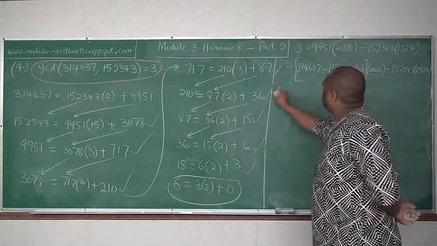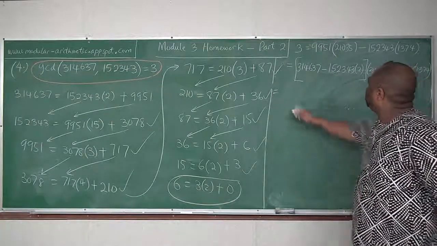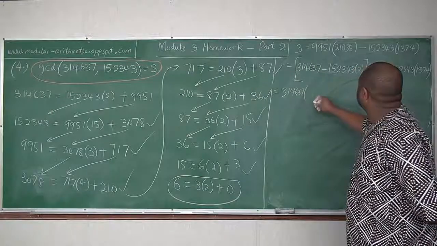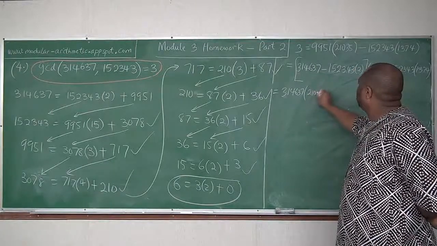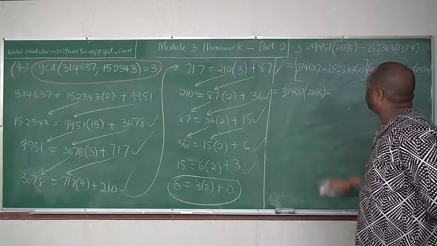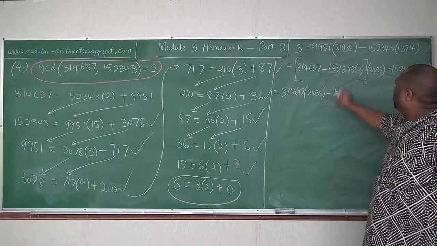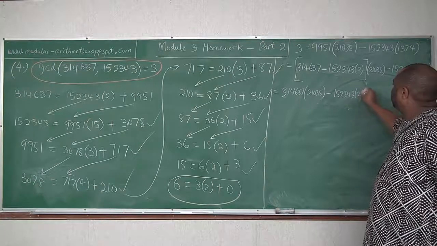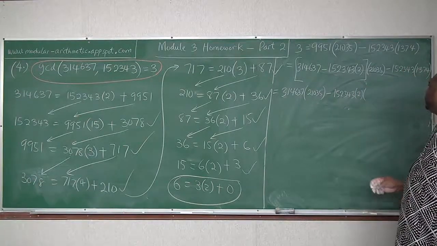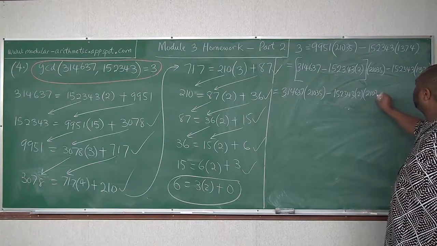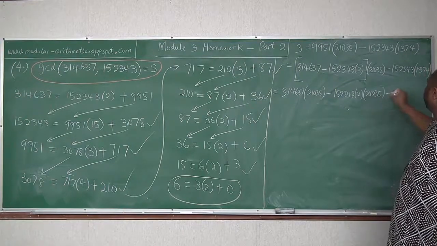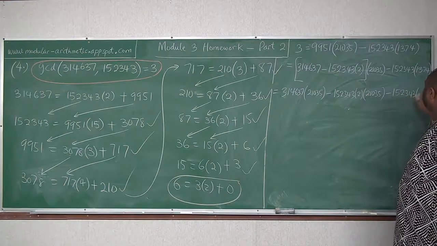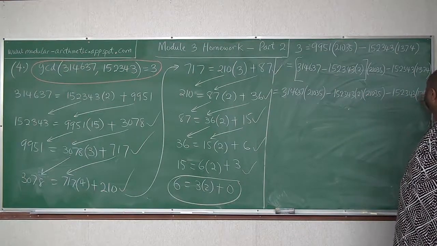Alright, we distribute. This will give us 314637 times 21035 minus 152343 times 2 times 21035 minus 152343 times 1374.